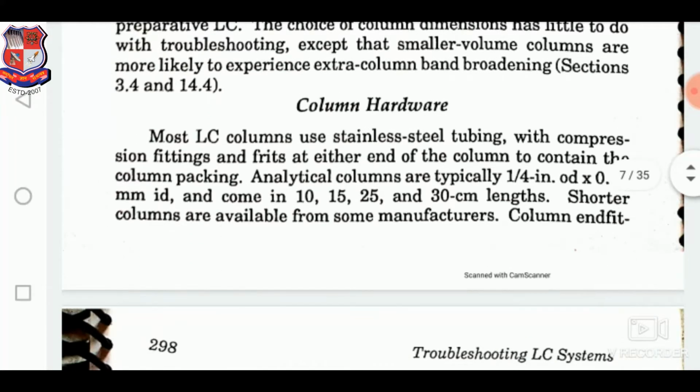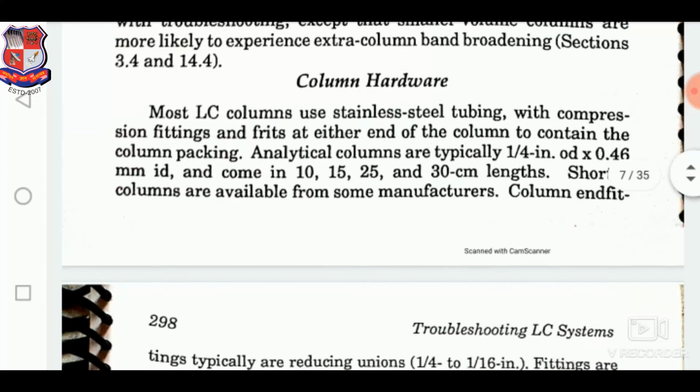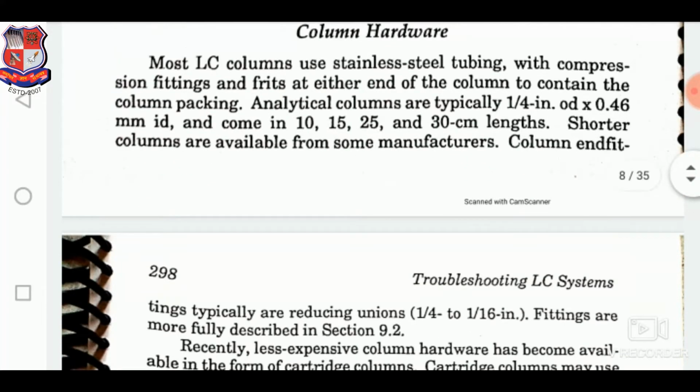And column hardware: the most common use stainless steel tubing with compression fittings and frits at either end of the column to contain the column packing. Analytical columns are typically 1/4 inch outer diameter with 4.6 millimeter internal diameter, in 10, 15, 25 and 30 centimeter lengths.